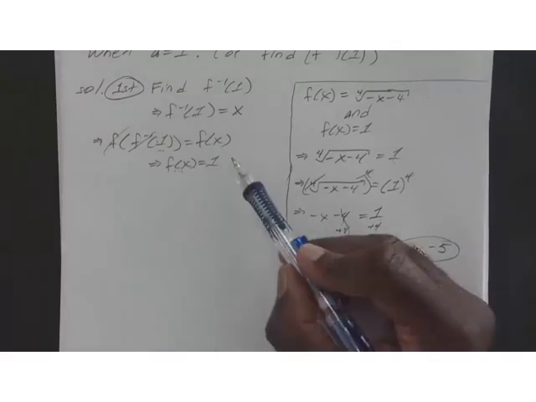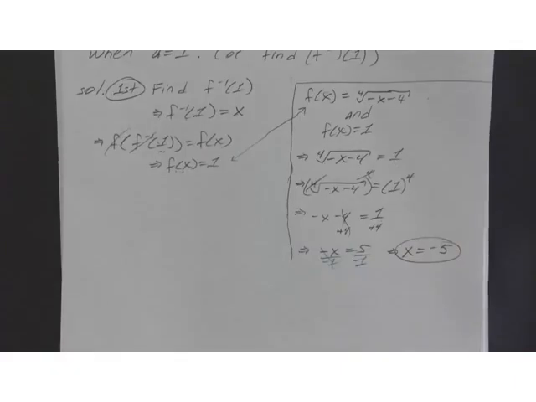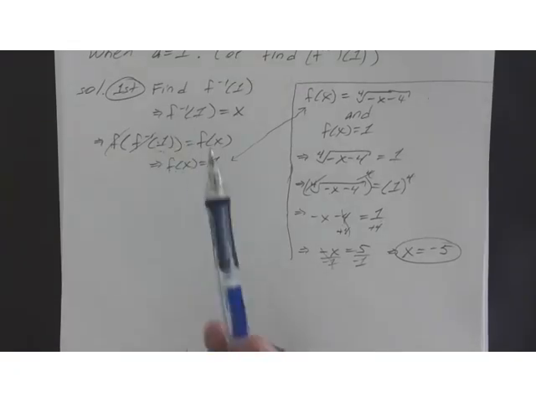Okay, so the same way we were able to combine the f of x, a value and a function, we can do the same thing with f inverse of x.